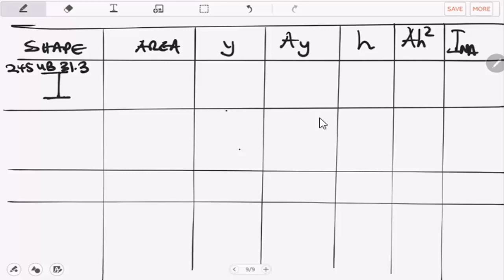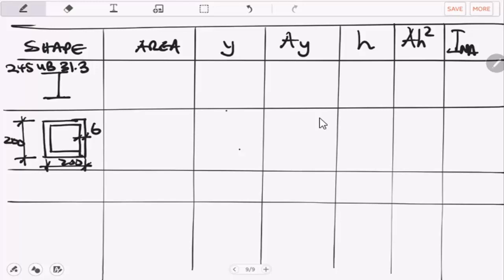Then the other section is a square hollow section, 200 by 200, and let's say the thickness is 6 millimeters.